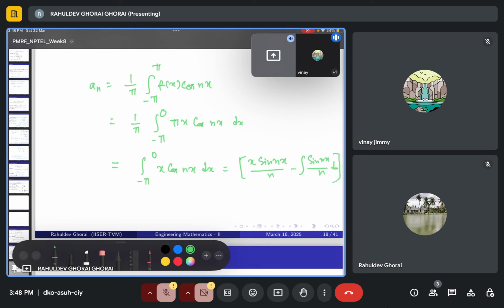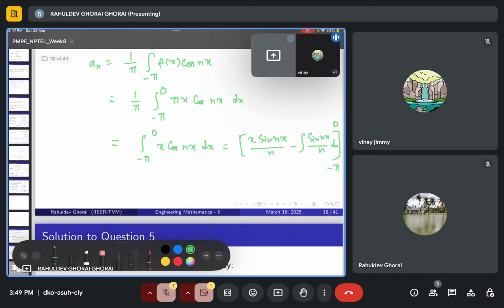So I am doing integration by parts, from minus pi to 0. Integration of cos nx is sin nx over n, and then the derivative of x is 1, and integrate again.